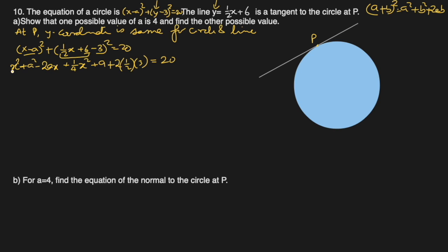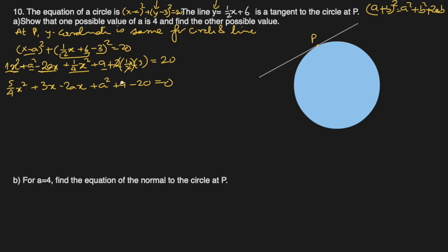So now we can combine the like terms. 1 plus 1/4 is 5/4, so 5/4 x squared. We can write here 3x minus 2ax, and then a squared without x, that means this is a constant, plus 9 minus 20 equal to 0.